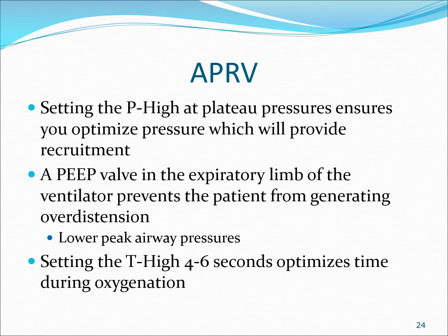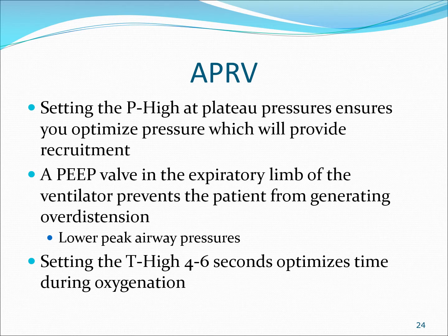So one of the basic settings on APRV is setting your P high. And what is P high? Pressure high is set typically at plateau pressure. Plateau pressure is less than peak airway pressure. The advantage of that is you don't overly distend the lung. So what you need to do is get a plateau pressure from the patient on conventional ventilation, and that becomes your P high as a starting point.